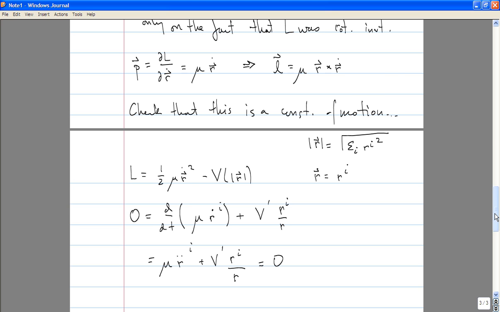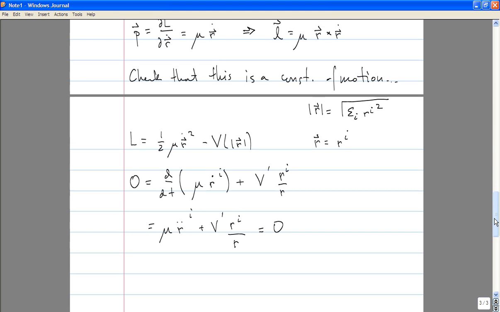Okay. So what is the angular momentum in this index notation? The angular momentum vector has three components, which are given by mu times the sum over j and k of epsilon i, j, k, r_j, r_k dot. So that's just the cross product between r and r dot written using this index notation.